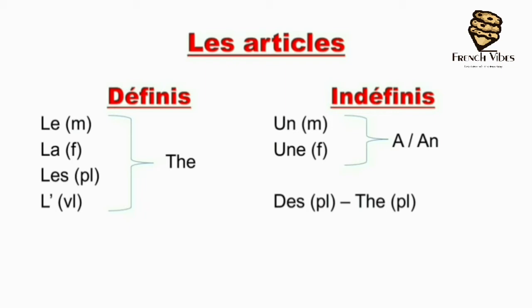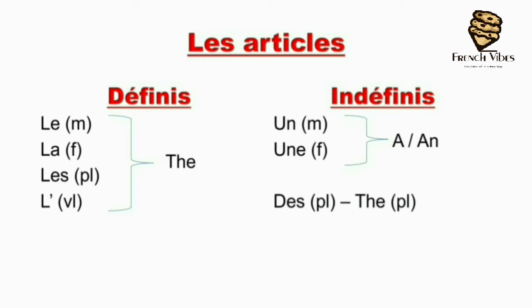Now let's see the indefinite articles. Un is used with masculine objects. Une is used with feminine objects, and they mean a or an. There is no specific article which is used for a or an; in general, it is used for a or an.